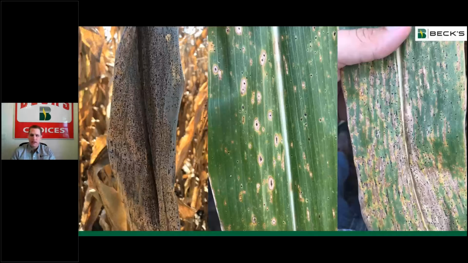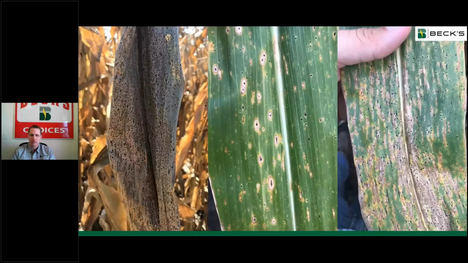I want to share a couple pictures that gives you a little different look at tar spot. So from left to right on the screen, that left picture is probably one of the most severe tar spot infections that I have come across to date. That picture was actually taken September 12th, and you can see how brown that corn is.